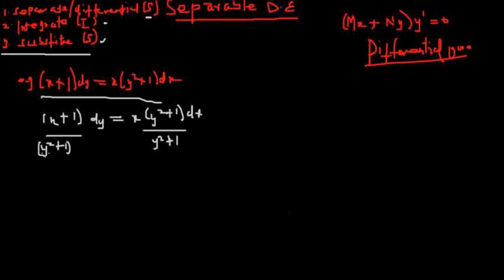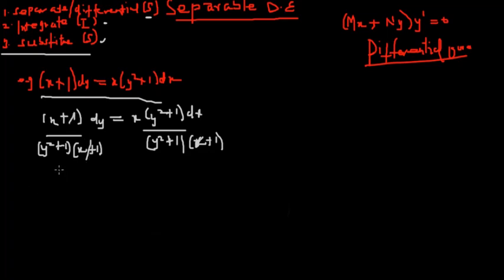Again we can divide here by x plus 1, and then divide here by x plus 1. So now you can notice that this will cancel that.